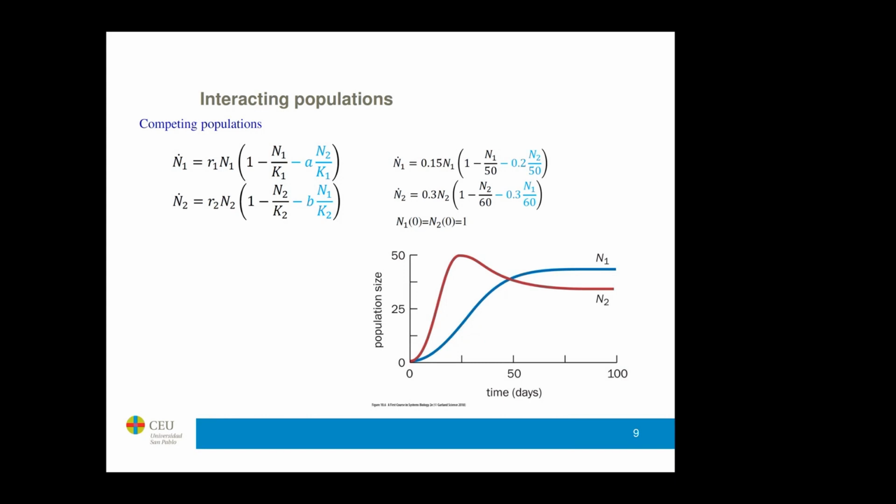And here you have how they evolve over time for particular choices of R, K, and so on. So let's say that these are the particular parameters of this equation. And then you start with just one of those individuals, and you let N1 and N2 evolve over time, and they would go to there. And then here what you have is a stable point. So they will not change anymore once you reach the stable point.